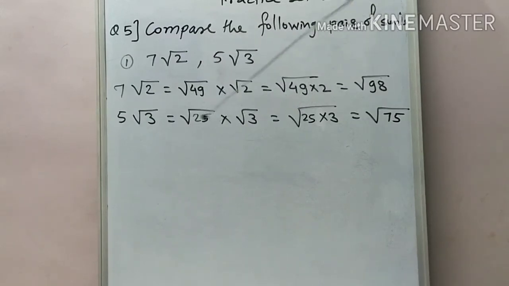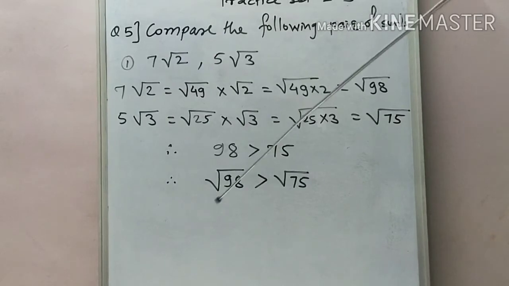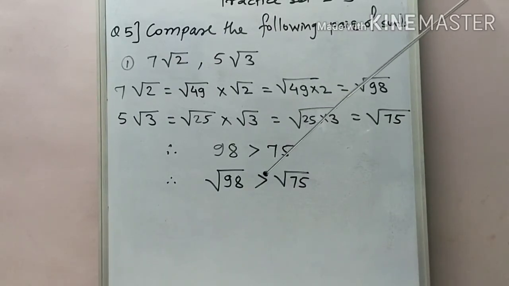The order is again the same here, so 25 into 3 is root 75, the value of 5 root 3. Now here we compare these radicands, and we notice that 98 is greater than 75, meaning root 98 is greater than root 75, and it means that root 98, the simplest form of 7 root 2, is greater than 5 root 3.